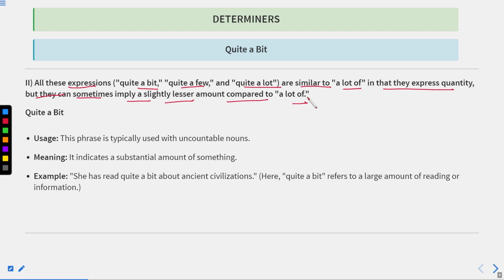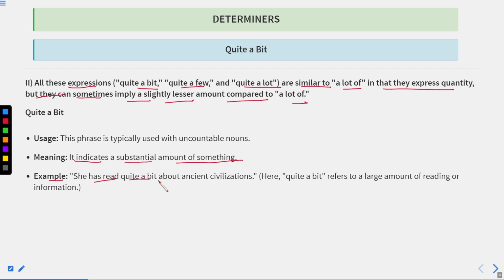A lot of means much, or a large quantity of something, whereas quite a bit means sufficient, or enough. So quite a bit is basically used to show the sufficiency of something. This phrase is typically used with uncountable nouns, indicating a substantial amount of something. It means enough or more than enough.